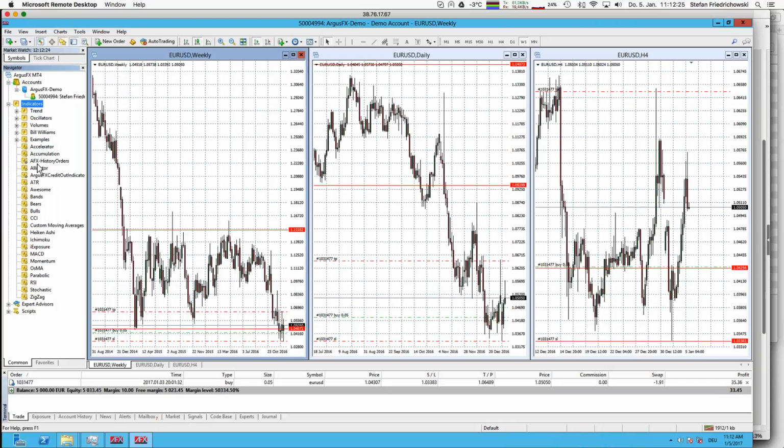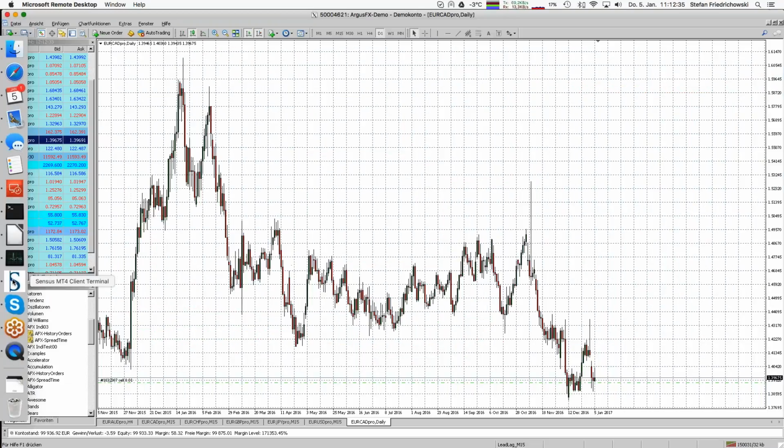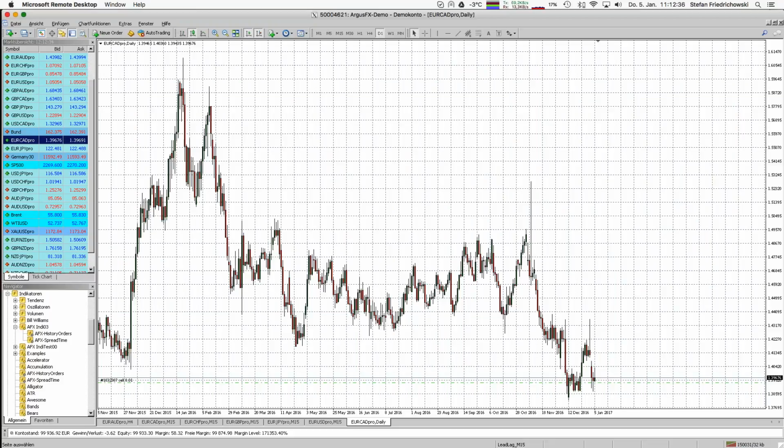And now you see here this AFX History Orders, and how to apply it, I show you in a different MT4 because there I have more history, but everything looks the same. I have the indicator here, AFX History Orders, and the only thing you have to do is take that indicator and drag and drop it on a chart.